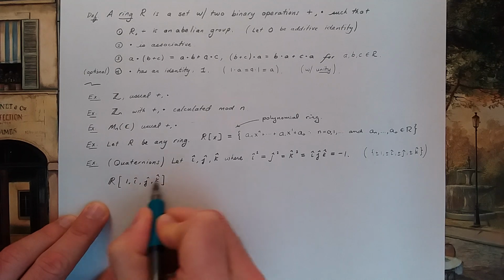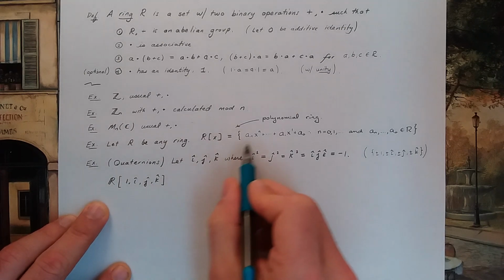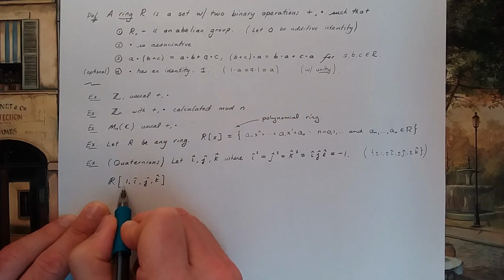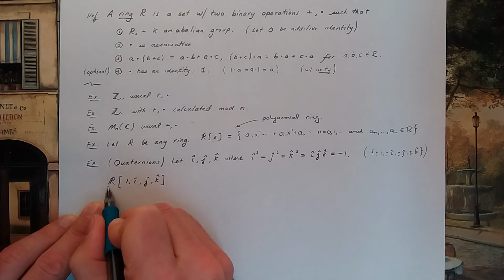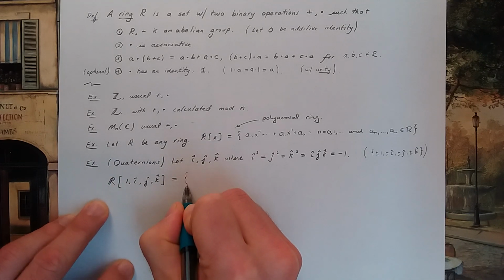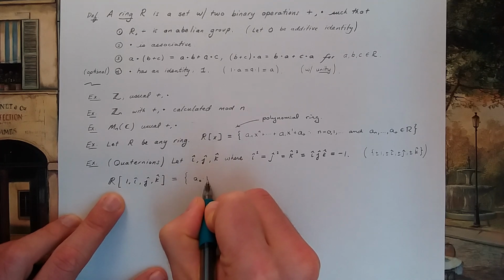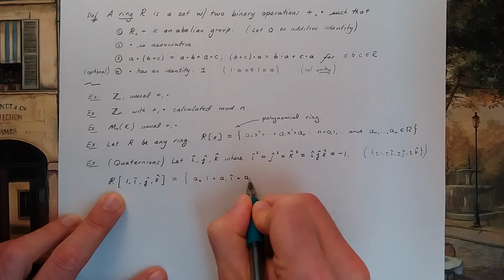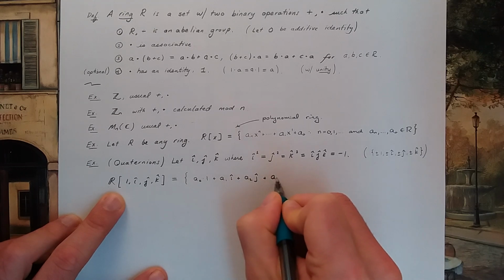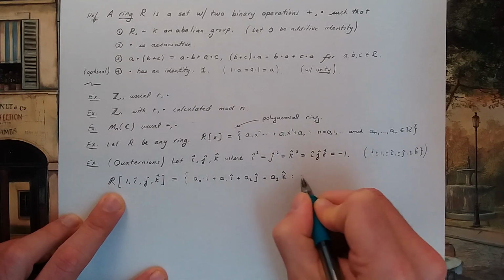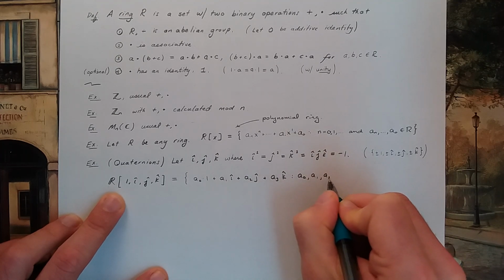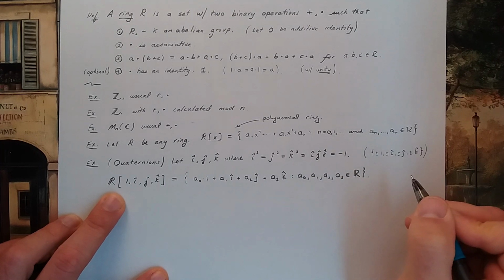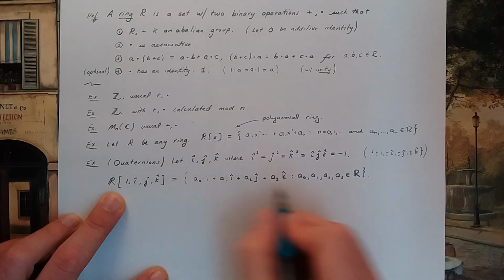So when I put this bracket here, that notation means form all possible polynomials, just like I did in one variable here, all possible polynomials in 1, i, j, and k with coefficients in R. So if I were going to write that down as a set, it would look like a0 times 1 plus a1 times i plus a2 times j plus a3 times k, where a0, a1, a2, and a3 are in the reals. This is a ring.